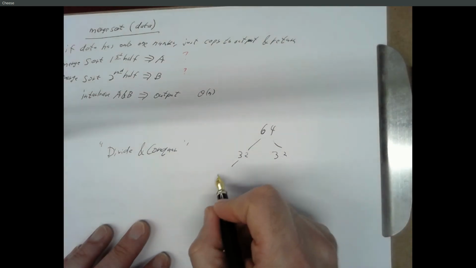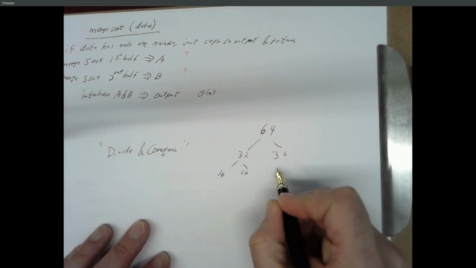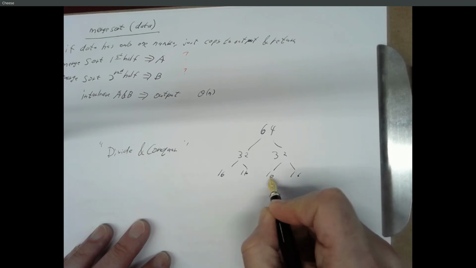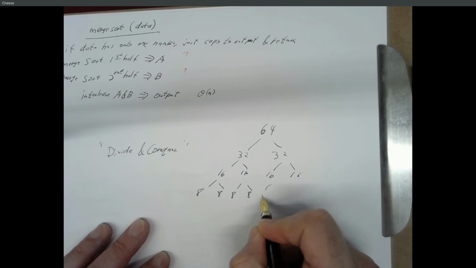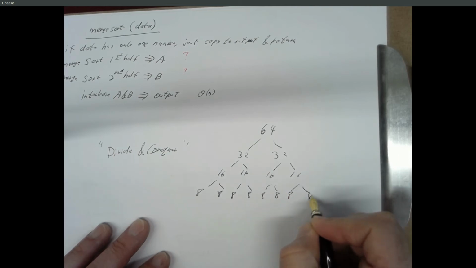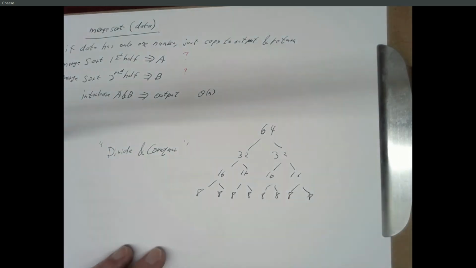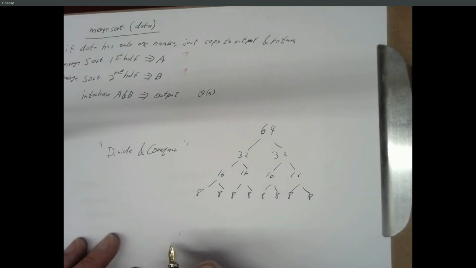And to merge sort 32, you're going to call merge sort with 16 numbers. And to do merge sort on 16, you're going to do merge sort on 8. And I should have picked a smaller number. But this will go down until you call merge sort with 1.